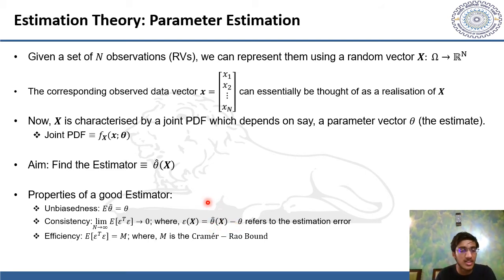In fact, we can even have cases wherein biased estimators can have lower values of estimation error as compared to these unbiased estimators.